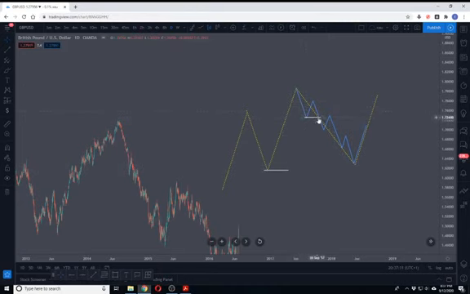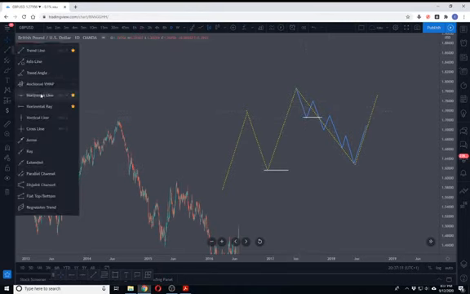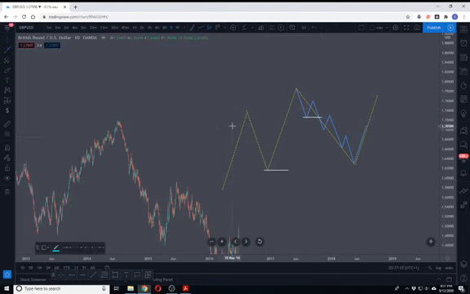At the moment, price is only bearish on the 4 hour time frame. So when price breaks this structure and gets down here, we can say that on the 4 hour we're bearish, but on the daily we're still bullish, because the last structure on the daily was the higher high. Unless it gives us a lower low, we're not bearish yet.